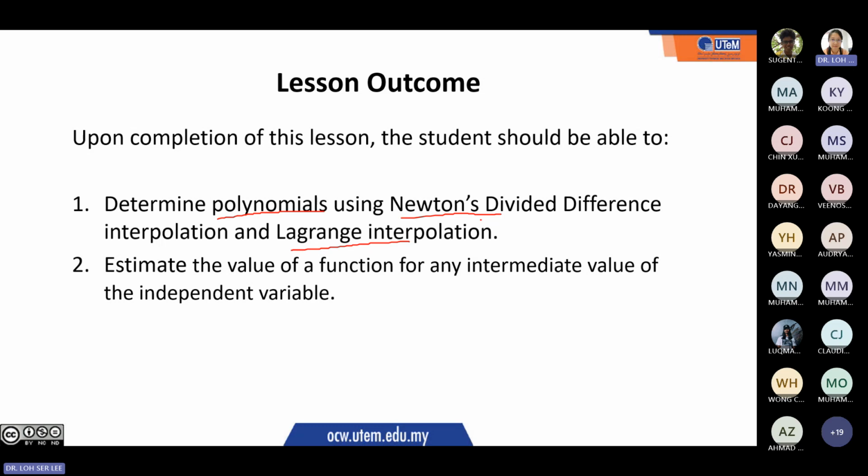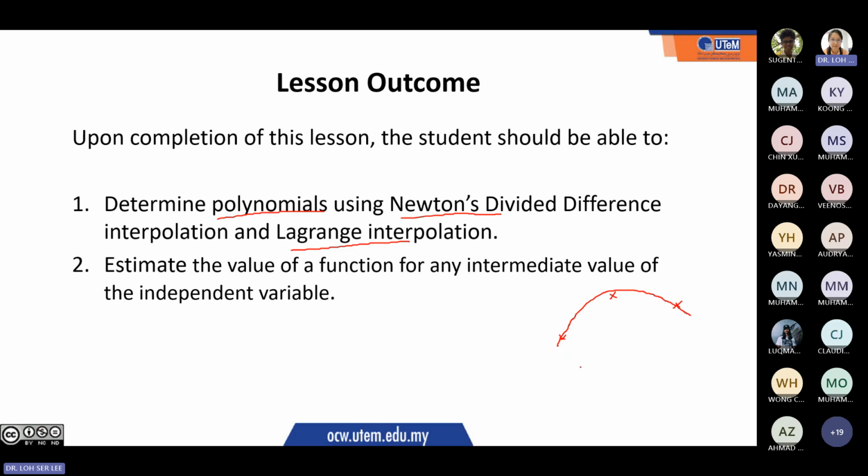Once you have the function, we can estimate the value of a function for any intermediate value of the independent variable. What does this mean? If we have, let's say, 3 points, then we estimate a curve.